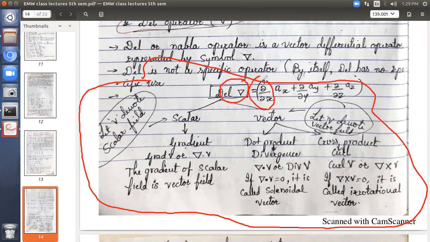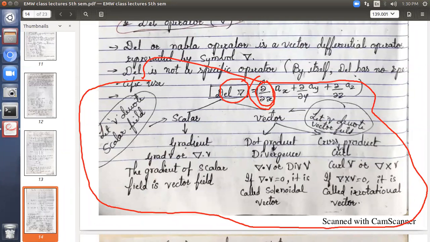Differential means partial, because in any coordinate system we have got three different coordinates, x, y, z. So for rectangular, it is dou by dou x, dou by dou y, dou by dou z. It is not d by dx. It is the partial derivative.